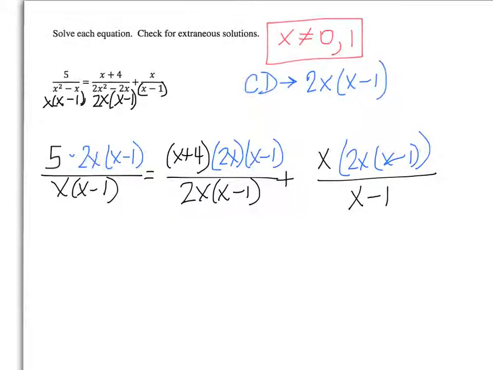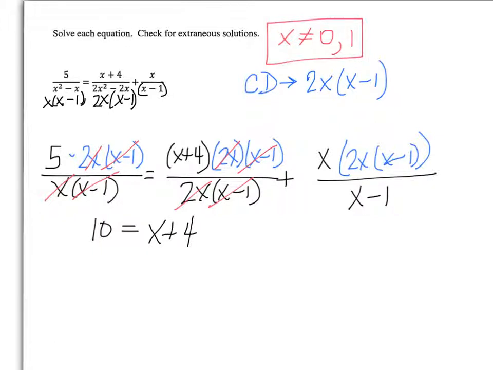Watch what happens. I have x and x. Those will cancel. X minus 1 and x minus 1 will cancel. What you have left is 5 times 2, which is 10. Equals. Here, I have a 2x and 2x, and x minus 1, x minus 1. Those will cancel, leaving me with x plus 4.